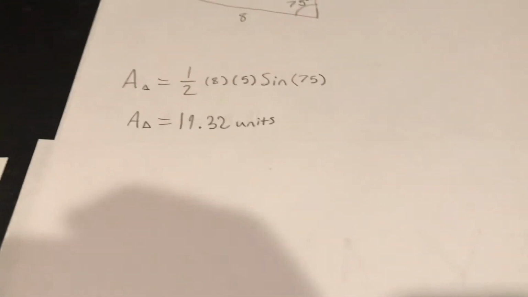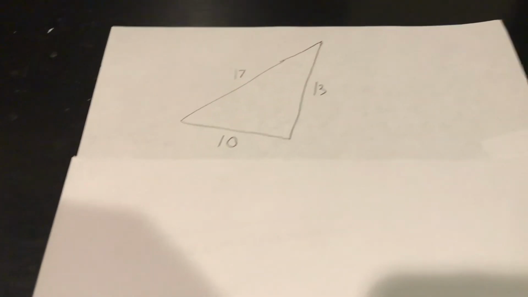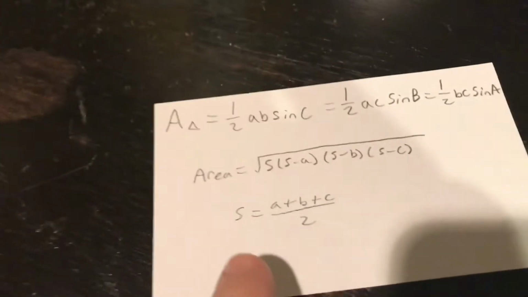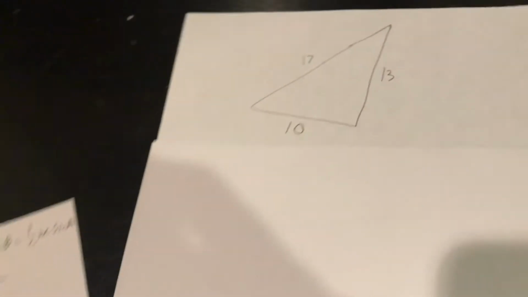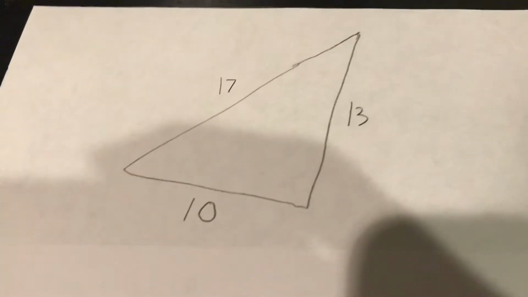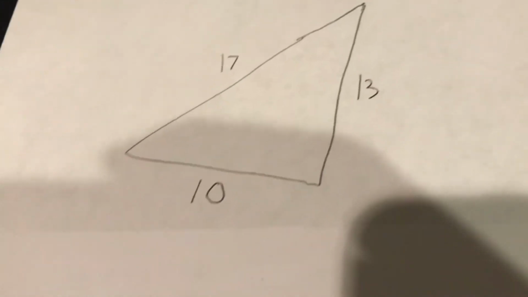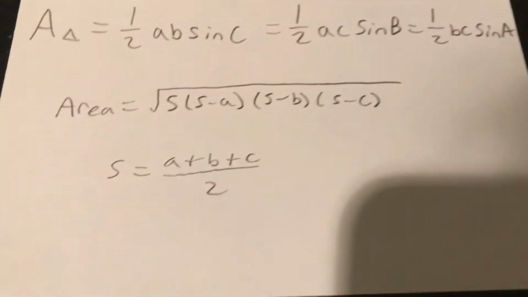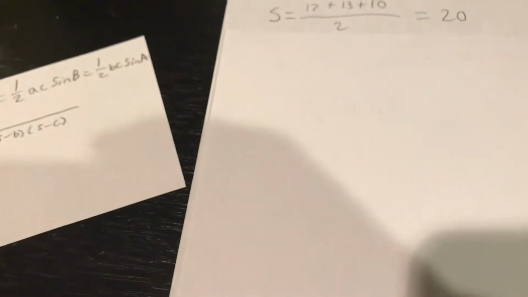And guess what we get for that? A big ol' yay! So finally, we have the last equation that we are going to be using, and this is going to be the second equation for area, trying to find the area of a triangle. So for this triangle, we have all sides, so side, side, side. So that means that we have enough to find S. So that's what we did.